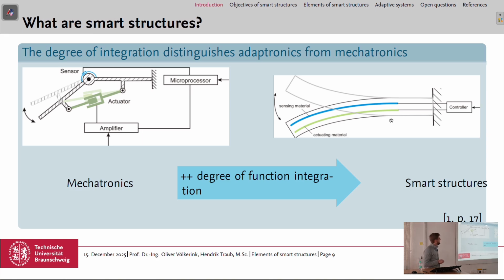But in smart structures, these elements are integrated into the load-bearing structure and are not additional elements like in mechatronics. So who came to a similar conclusion while discussing with their neighbor? Yeah? Okay, good.